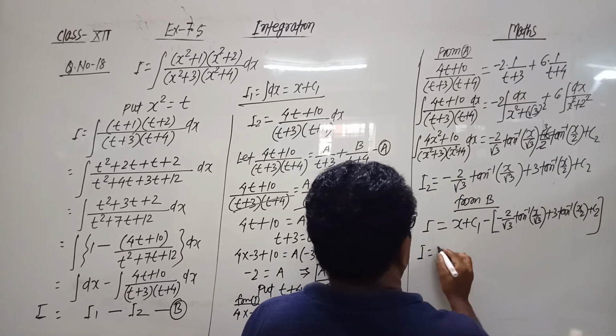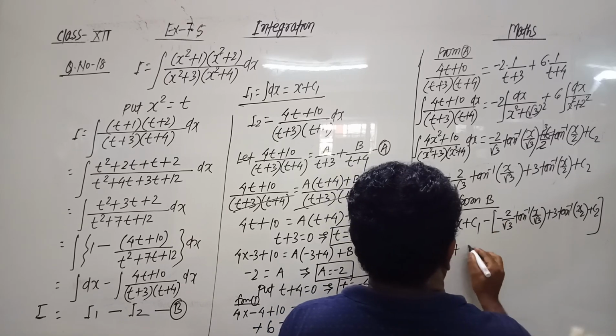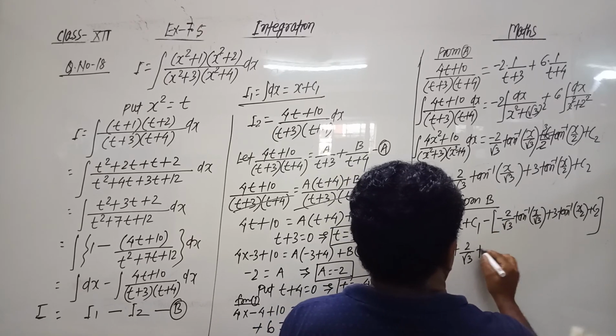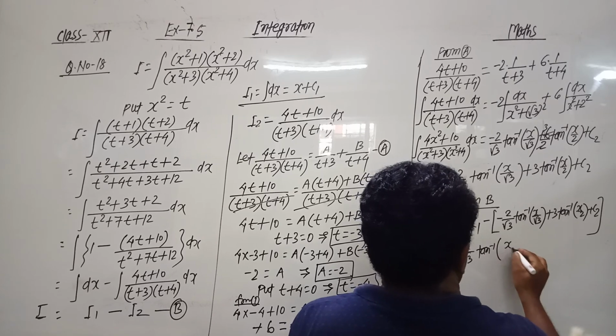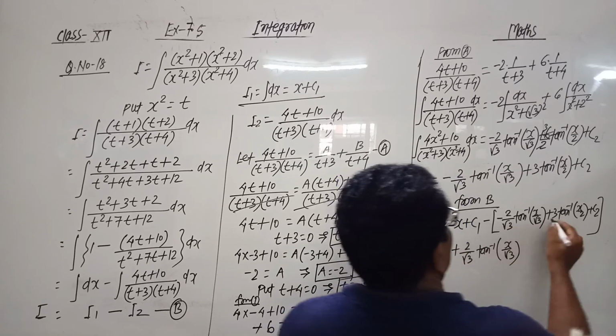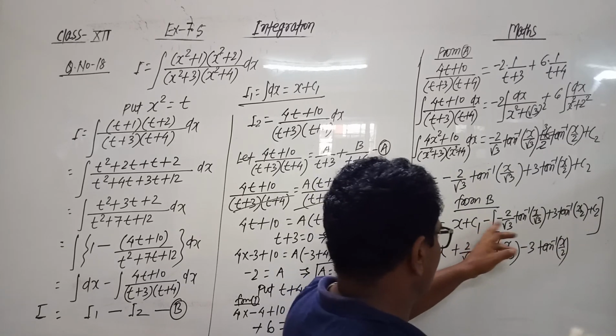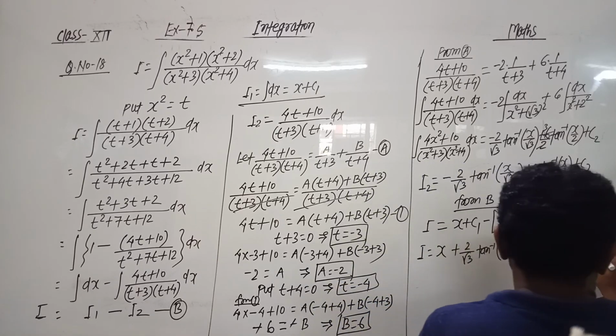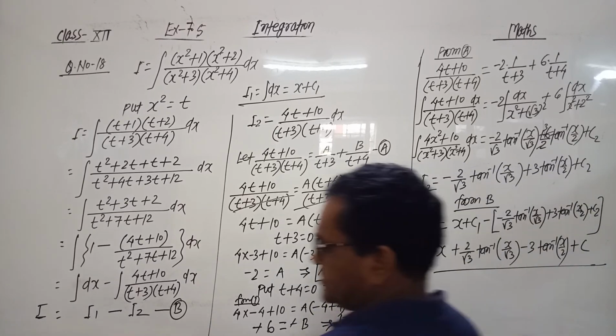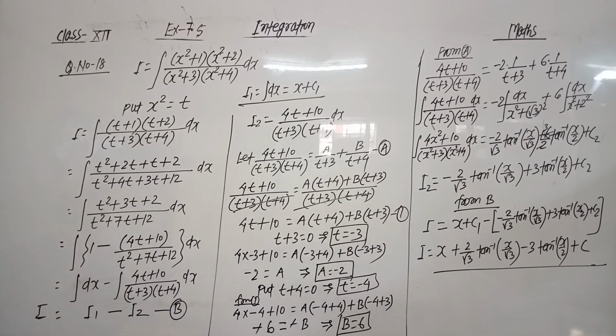Then the final result we get: x plus 2 by root 3 tan inverse x by root 3 minus 3 tan inverse x by 2, and C1 minus C2 is written as plus C, another constant. So we get the final result x plus 2 by root 3 tan inverse x by root 3 minus 3 tan inverse x by 2.